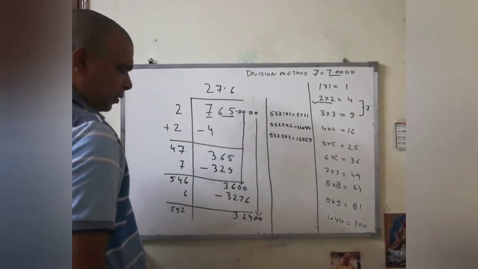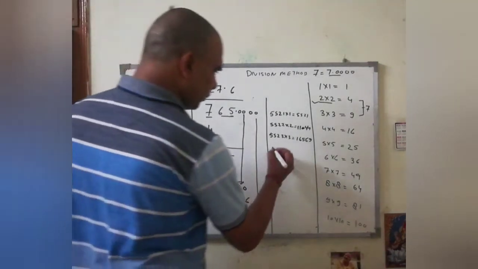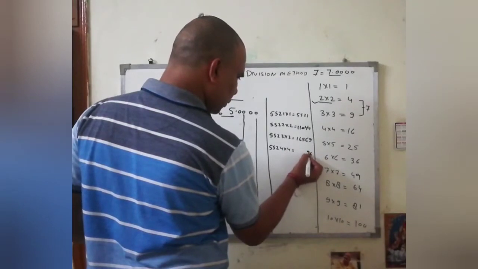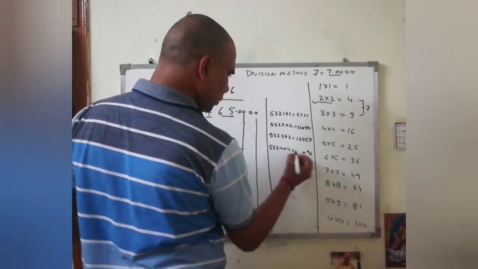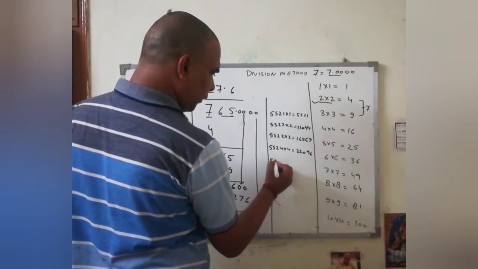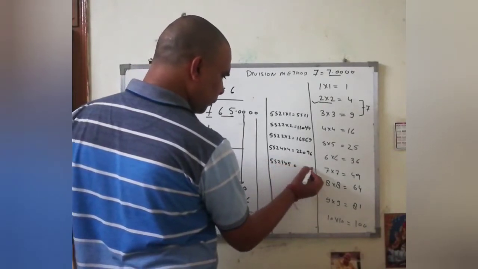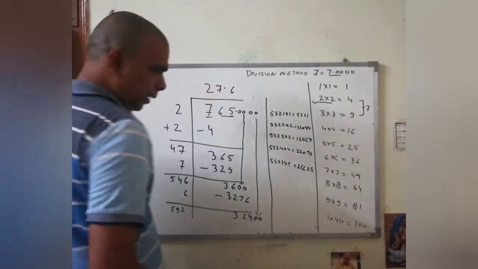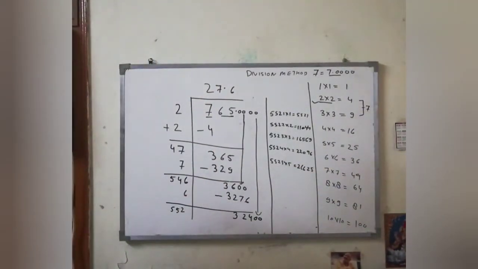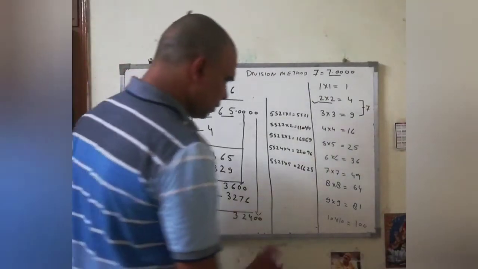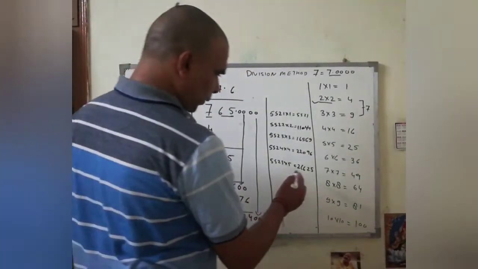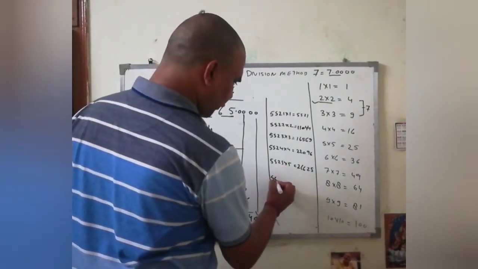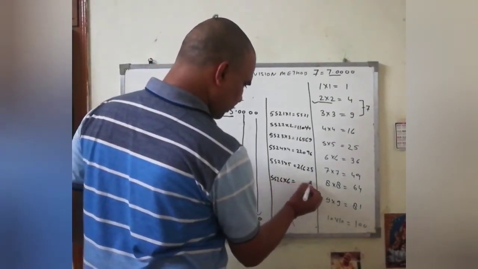It comes near about 5. 5524 into 4. 22096. 5525 into 5. And check, maybe some mistake is there, I don't know. 26. Till now it seems to be correct. 5526 into 6.